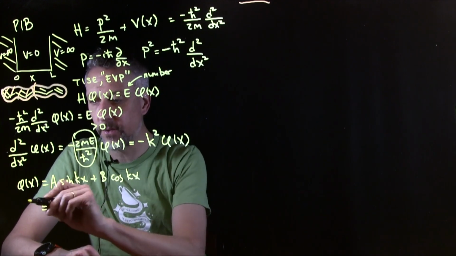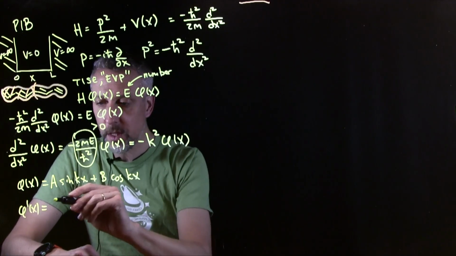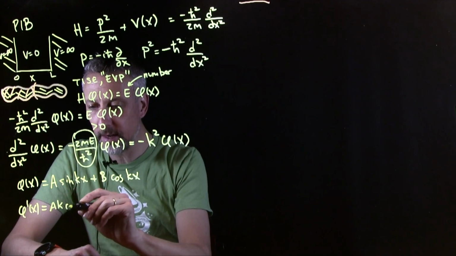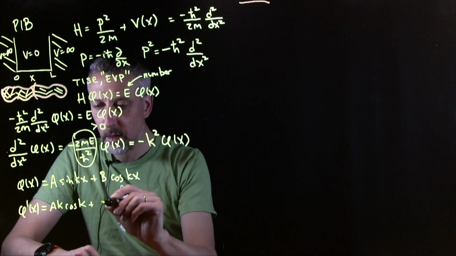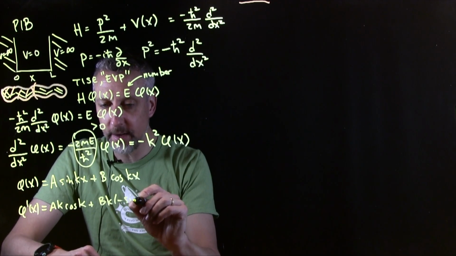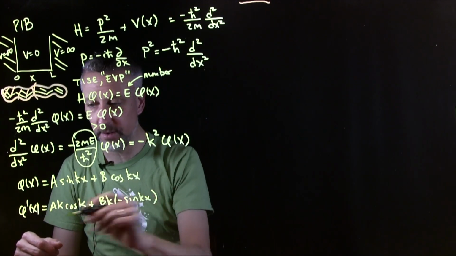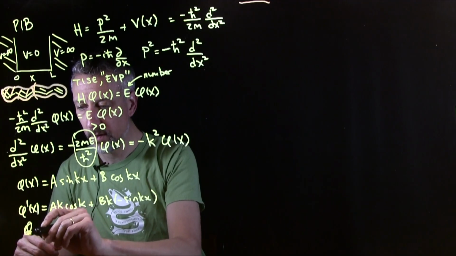Let's prove it. Take the first derivative, which we can write with the prime. That's going to be A times k times cosine kx plus B times k times minus sine kx. All right, now we take the second derivative, which is the derivative of this. Whoops, there we go.